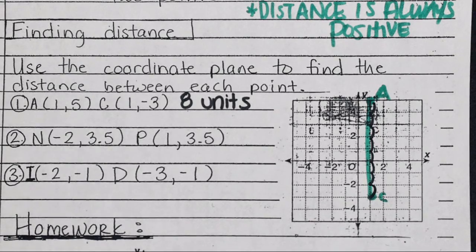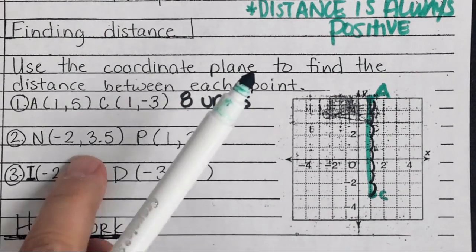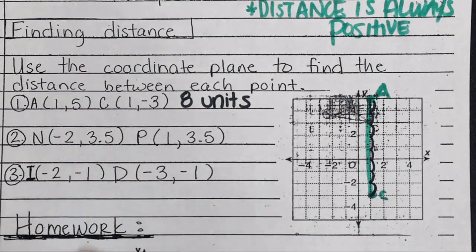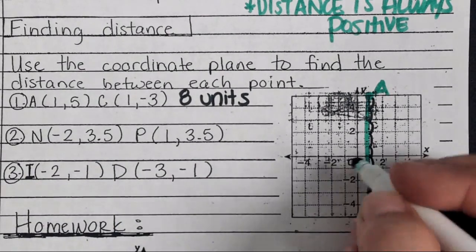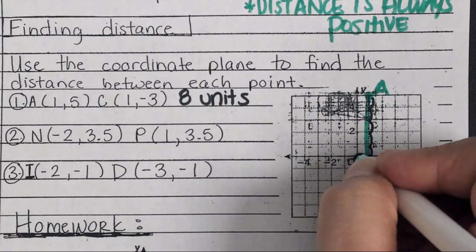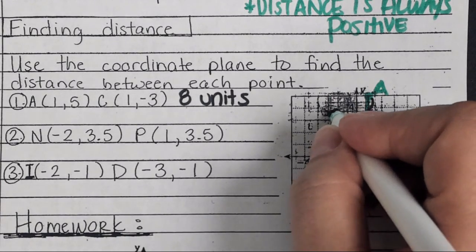All right, let's look at graphing the next one. 3.5. What does 0.5 mean with our decimal equivalents? Remember? What's that equivalent to? 0.5 is 1/2. Okay? So this is 3.5. It's going to be halfway in between 3 and 4. So negative 2, do I go right or left? Left. Very good. Negative 1, negative 2, and the positive 3.5, up or down? So 1, 2, 3 and a half.